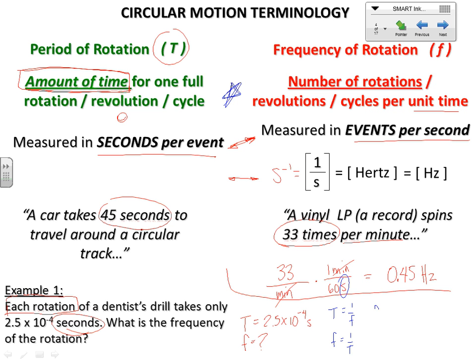So the frequency of this dentist drill is 1 over 2.5 times 10 to the negative fourth seconds. Let me enter 2.5 e negative 4 and then that inverse button, love that inverse button. Yeah, 4,000 hertz. As simple as those get.